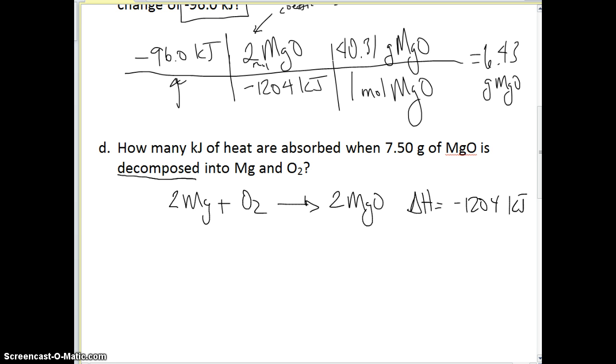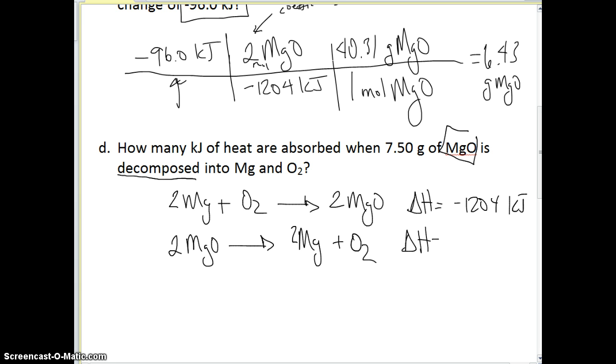That was our original value. Now it's telling us that MgO is decomposing into Mg and O2, so we're going to use the reverse reaction of MgO decomposing into Mg plus O2.